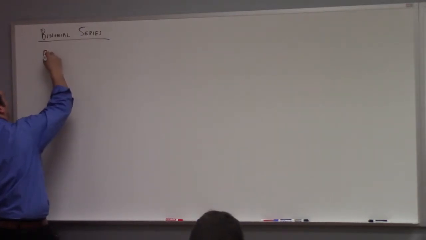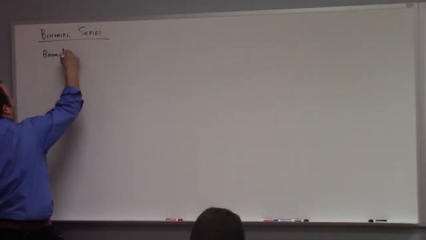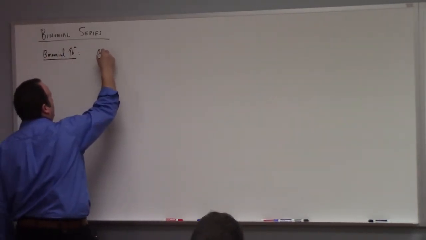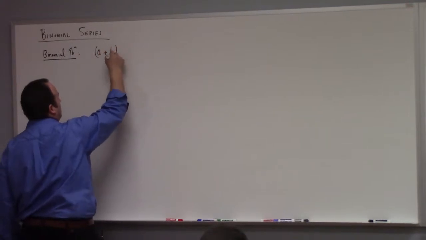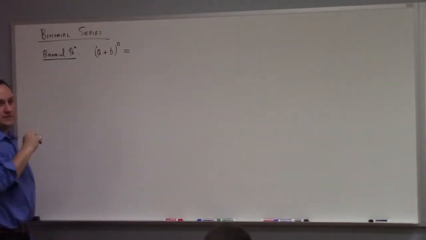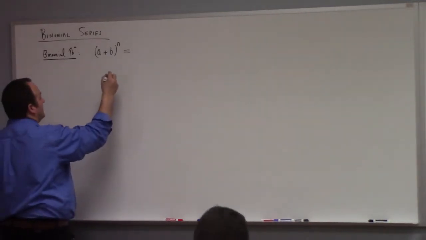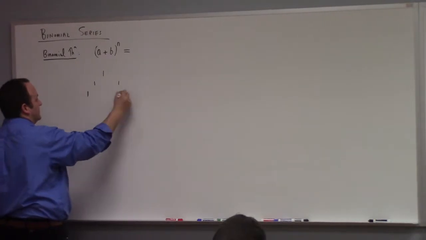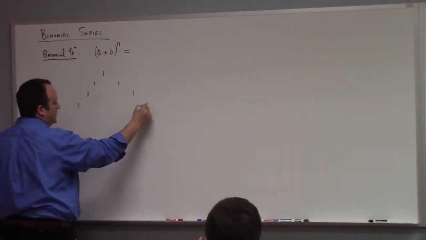What's the binomial theorem? If we have a plus b to the power n, what is it equal to? So let me show you. We do 1, 1, 1, 1, 1, 1, 1.